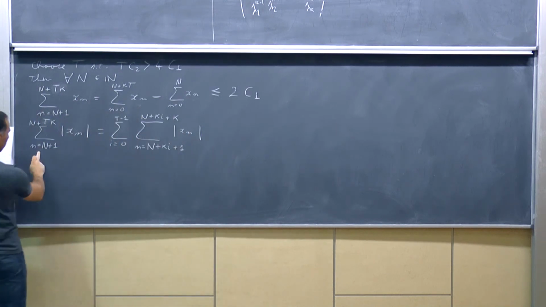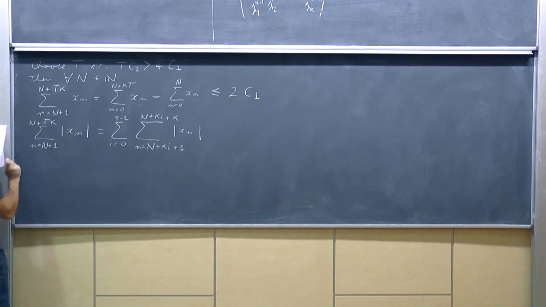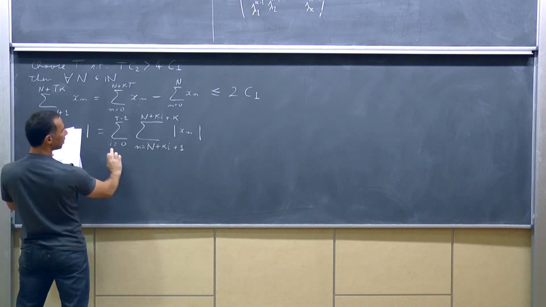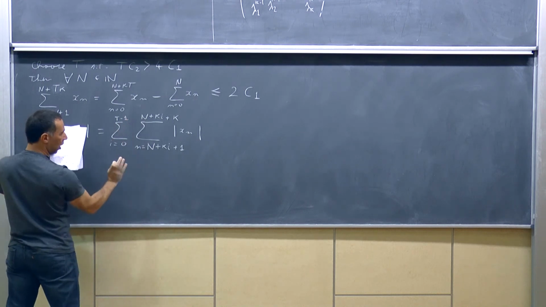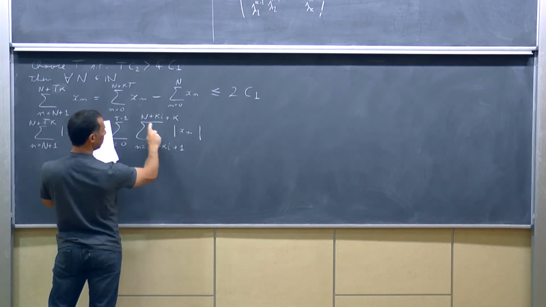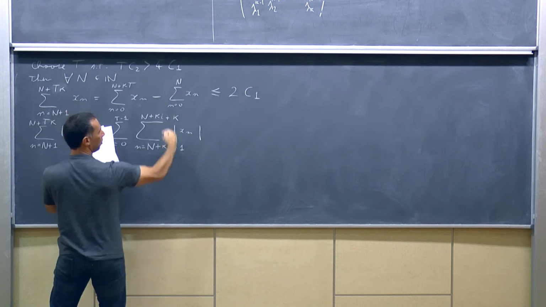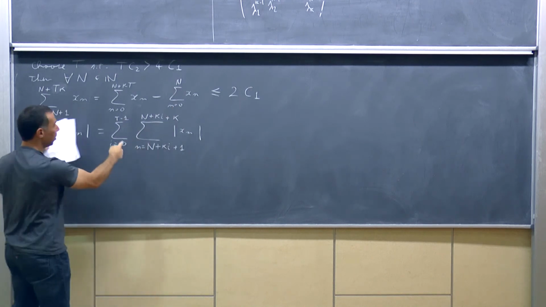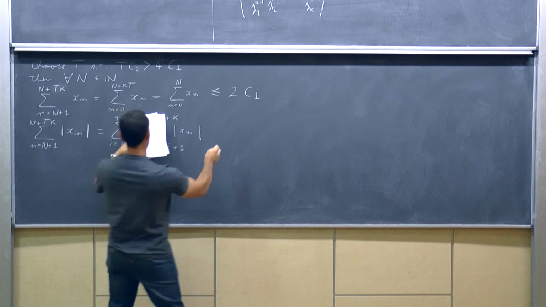I'm summing from n plus 1 to n plus tk, and I'm splitting this as t sums of the form n plus ki plus 1 to n plus ki plus k. So I'm going in k increments t times. So these two sums are the same.